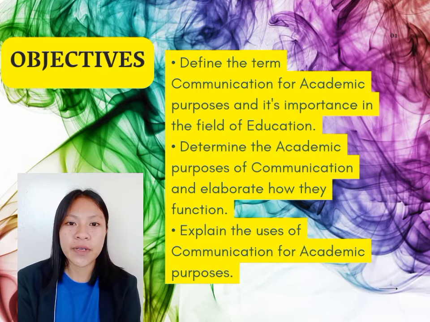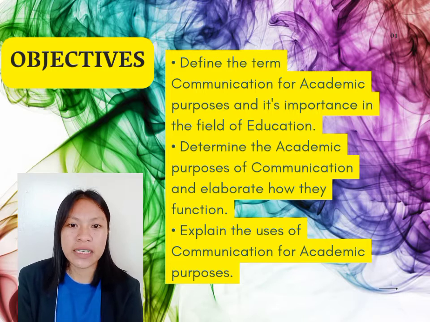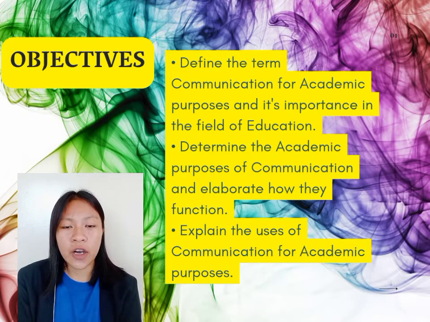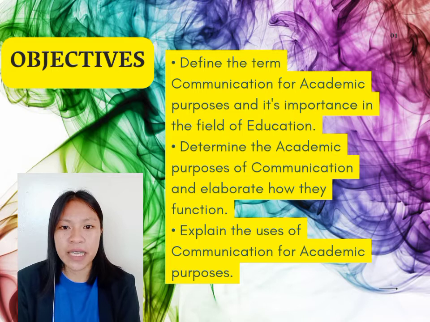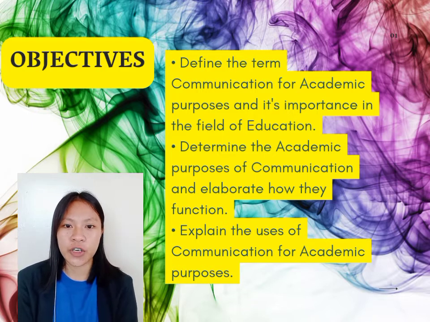It is very important to determine it for us to develop our communication skills because in all levels of education, students must be able to communicate effectively. Last is to explain the uses of communication for academic purposes. So let's go, let's define, determine, and explain it.